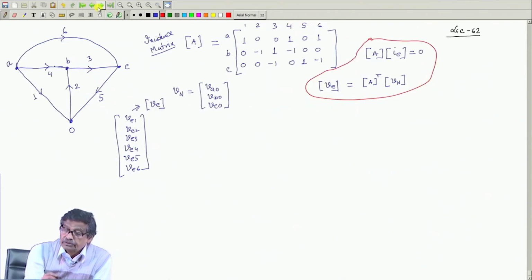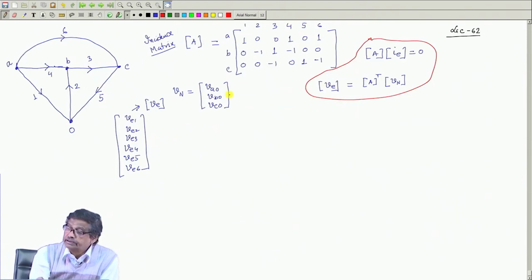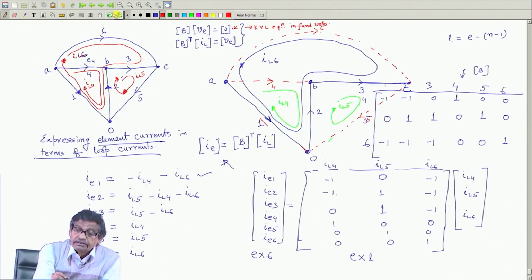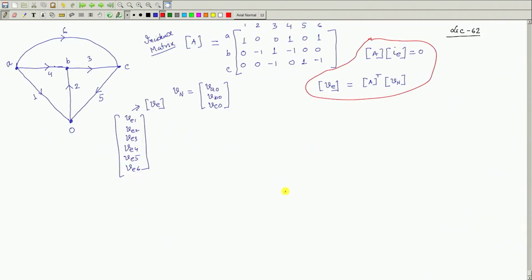So the equation involving the incidence matrix is over. Then we defined what we call the tie set matrix.